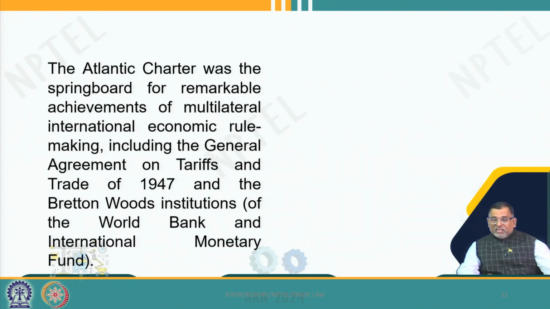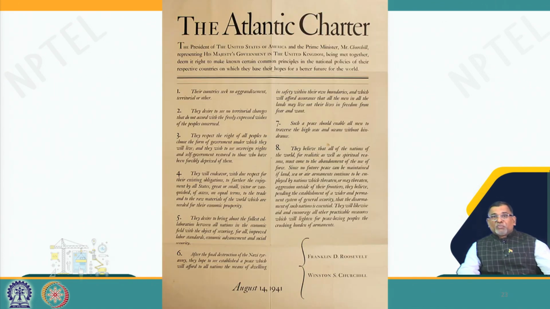Immediately after the Second World War, there were some remarkable achievements through international economic treaty making, which happened through the Atlantic Charter and which ultimately ended up in the General Agreement on Tariffs and Trade in 1947, as a part of the Bretton Woods institutions. The ITO never happened, but the GATT came into being: because the ITO never came into existence, the GATT was established as an agreement and a small arrangement.